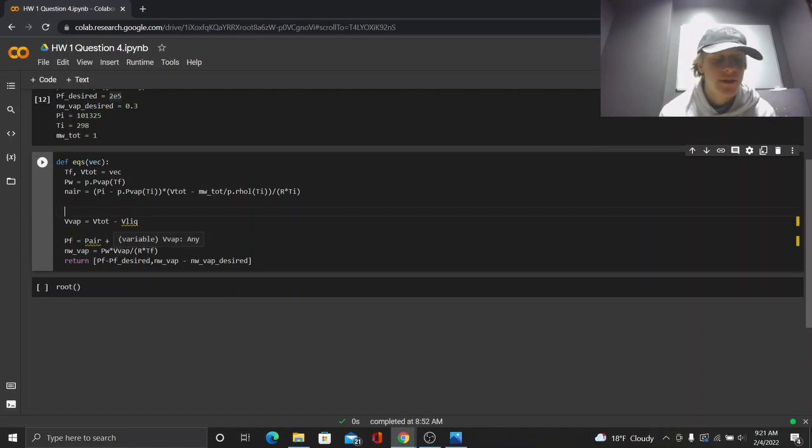So now we need to figure out the volume in the liquid phase.